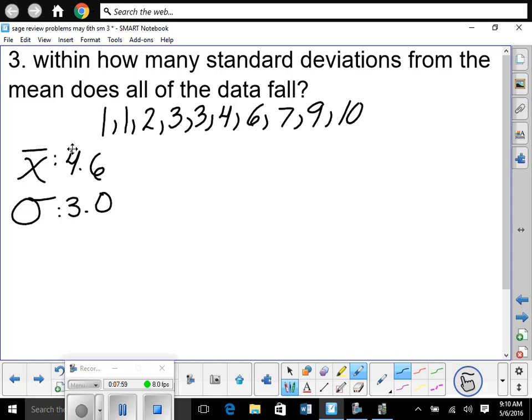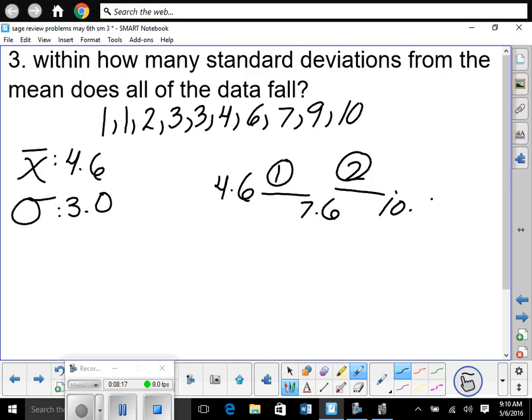Okay, so our mean is 4.6, and our standard deviation is 3. So let's go one standard deviation above, where we just add 3. Everybody? Yeah. So that's 7.6. Let's go 2 standard deviations above, 10.6.